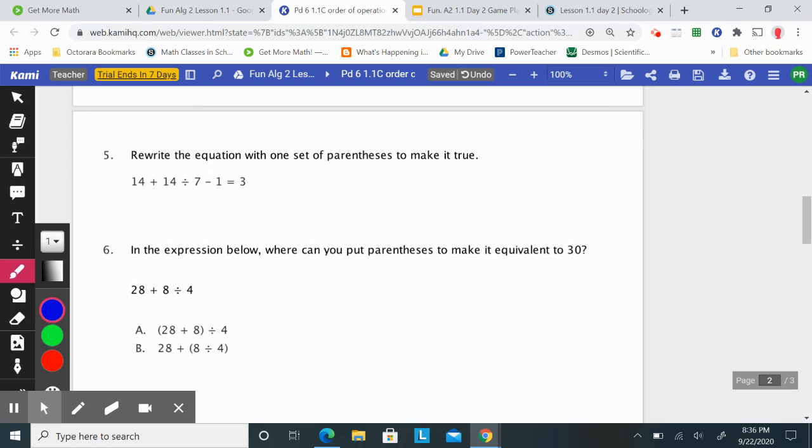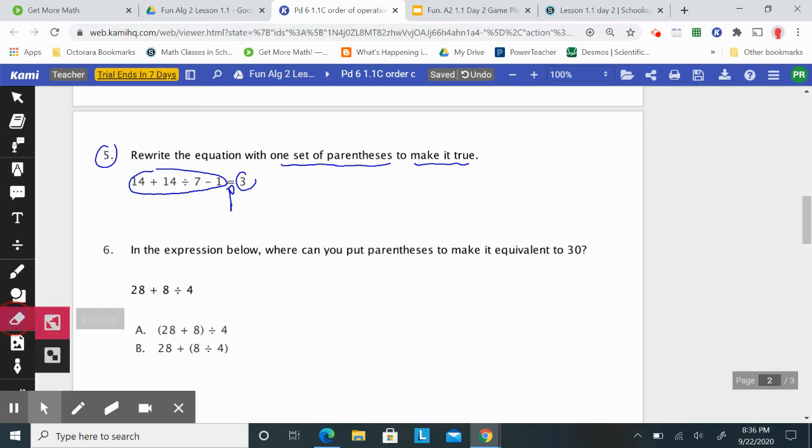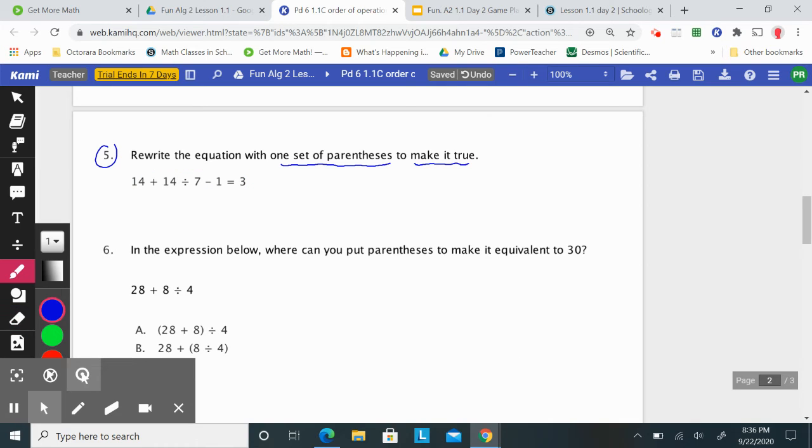Another type of problem you might see is number 5 here. Rewrite the equation with one set of parentheses to make it true. So you want the left side to equal the right side. So how do you get the left side to equal 3?